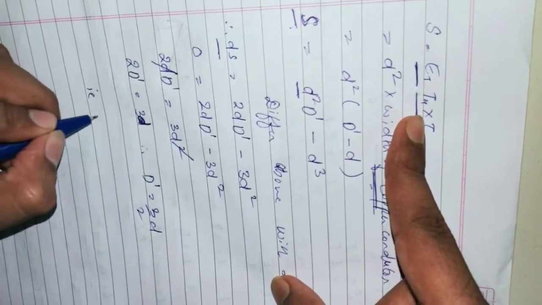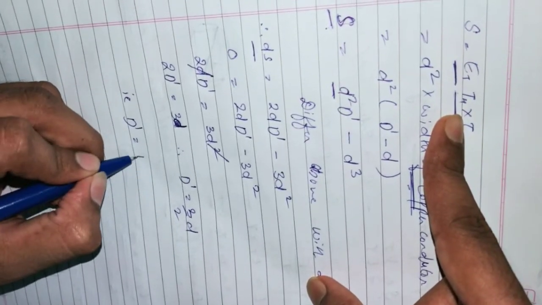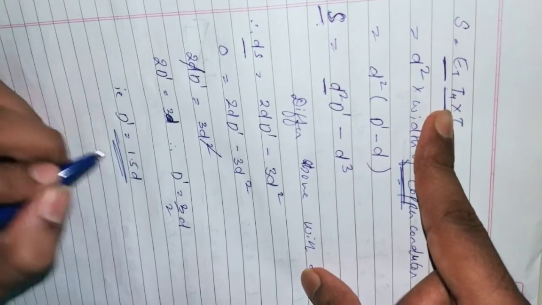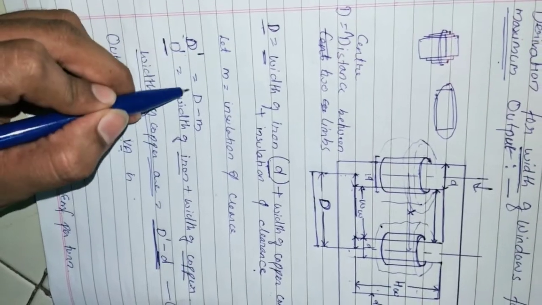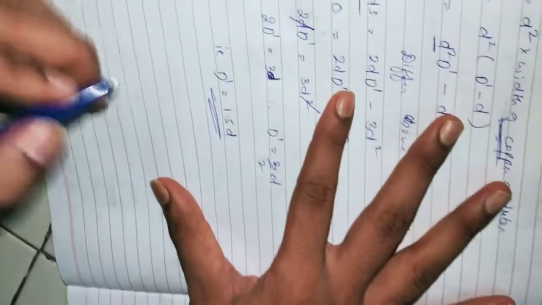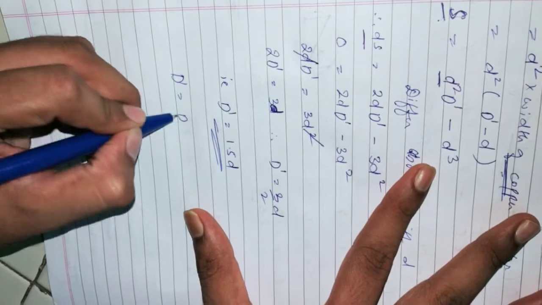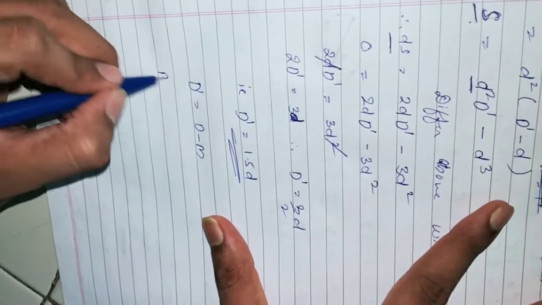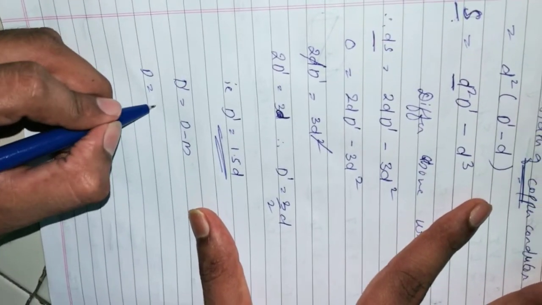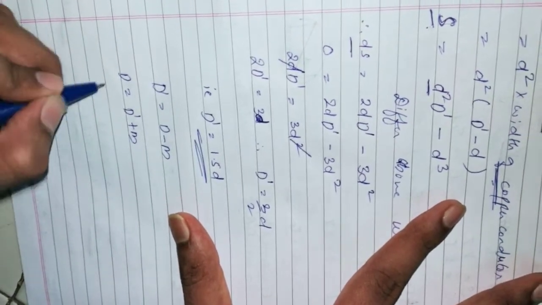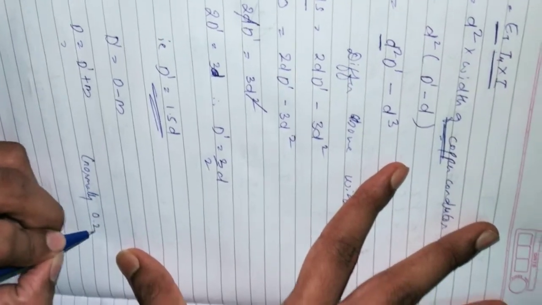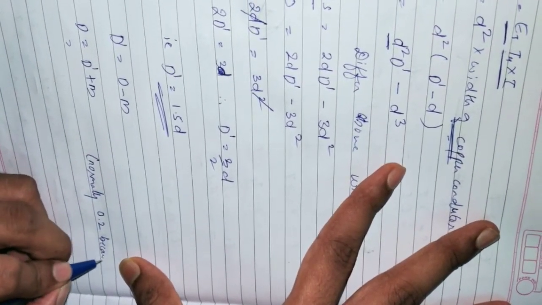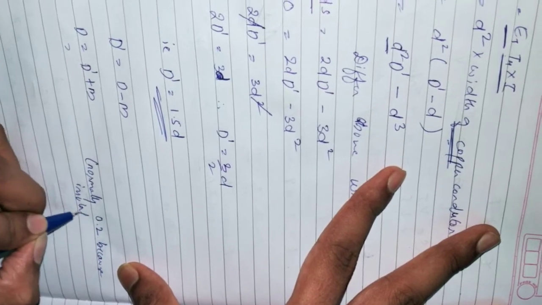That means D dash is equal to 1.5D. Now in this equation we see D dash is equal to D minus M. So we'll write D dash is equal to D minus M. So what will be D? D will be D dash plus M. Normally M is taken as 0.2 because it is the insulation part.